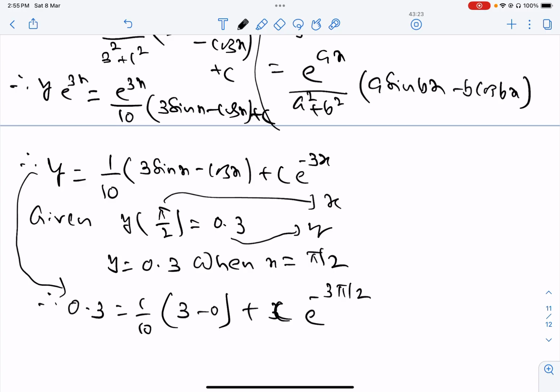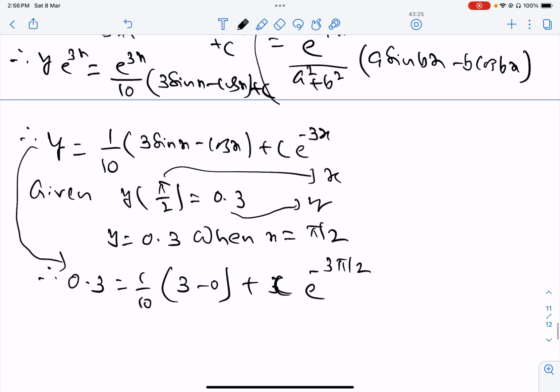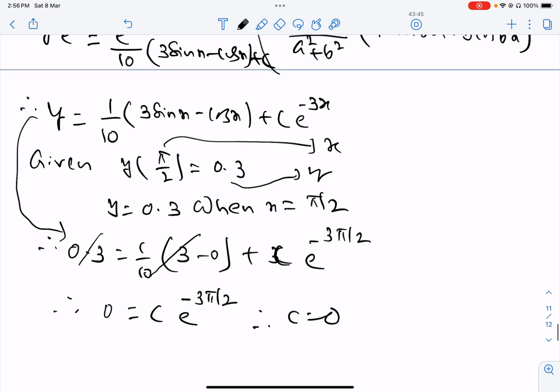Okay. So therefore this is 0.3. 3 by 10, so 0.3. This is 0.3. So that is cancelled. So 0 equal to c into e power minus 3 pi by 2. And therefore c equal to 0.